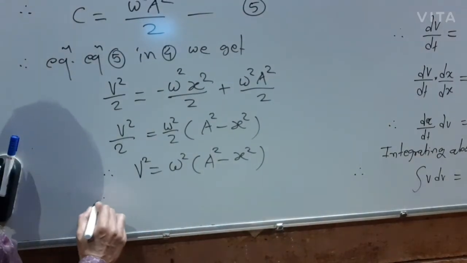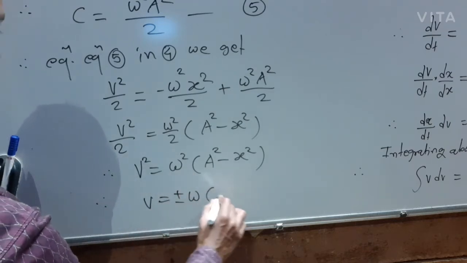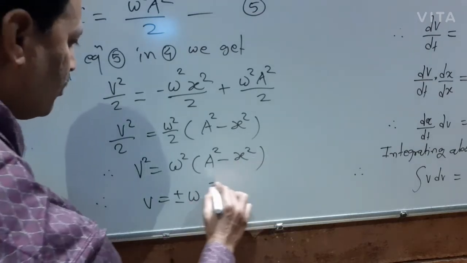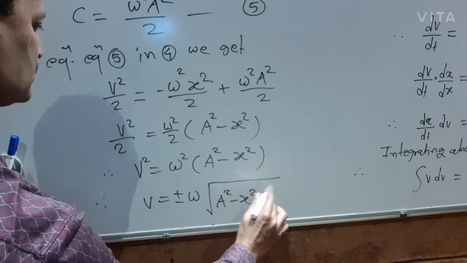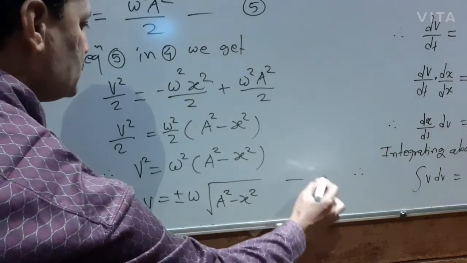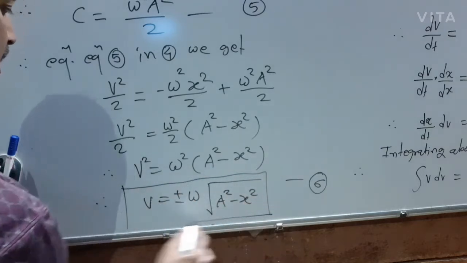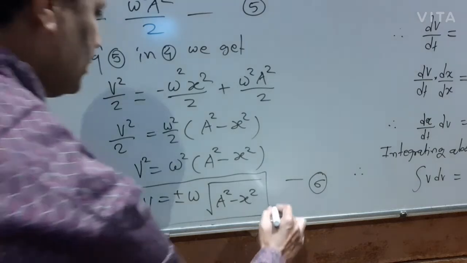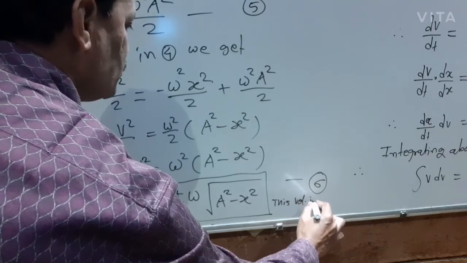And therefore v is equal to plus minus omega into square root of a square minus x square, denoted as equation number 6, and highlight this equation. This is the velocity in SHM.